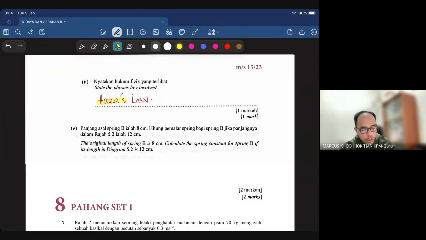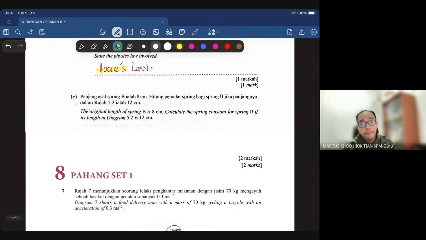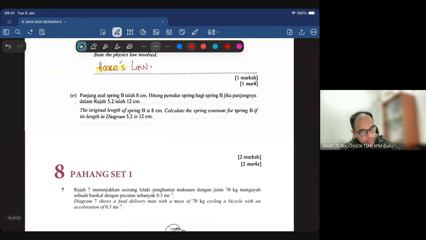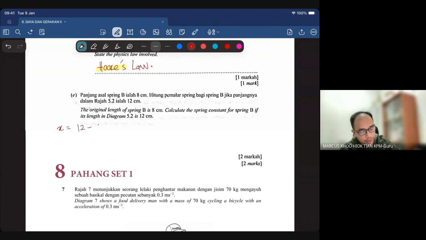Okay, original length for spring B is 8 cm. Calculate the spring constant if the length in diagram 5.2 is 12. So the first thing you need to count is the extension. The extension is 12 minus 8, which is 4 cm. You are given a force of 10 newtons. So F equals kx.